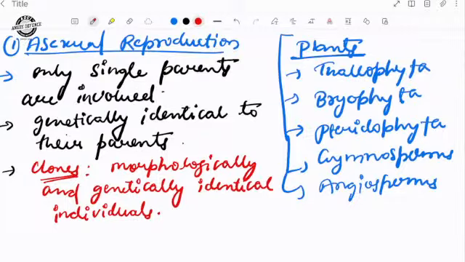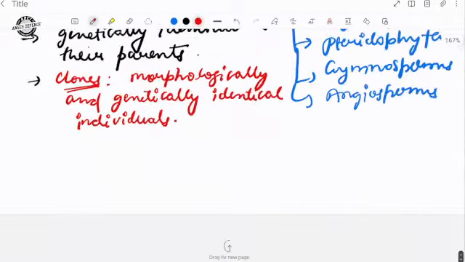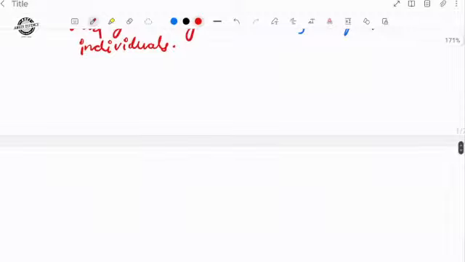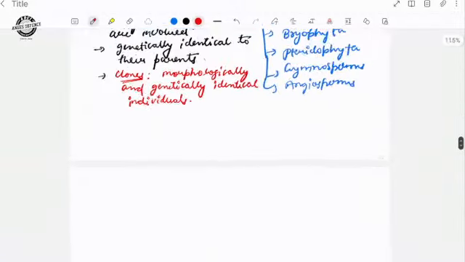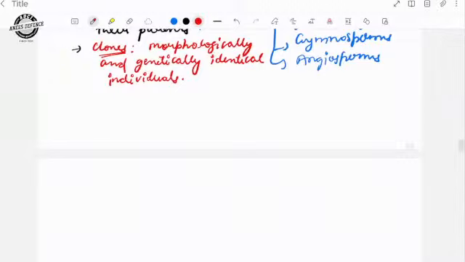The outer structure should also be the same, and genetically means the genes, the characters that one progeny shows are also completely similar to the other. Understood? These are simple, basic, important points that can be asked in MCQs, so you should know about this also. Clone is an important point, that's why I have written it in red, so that you can note it down clearly.